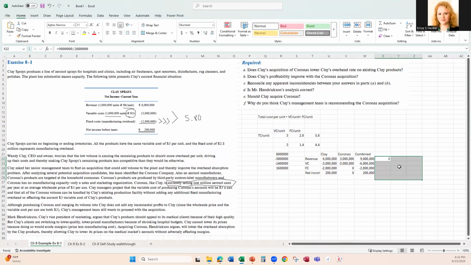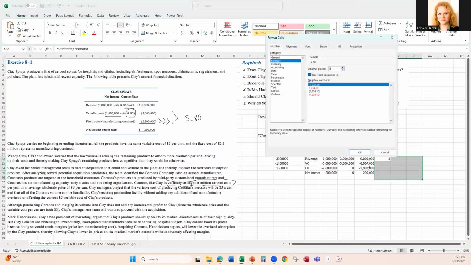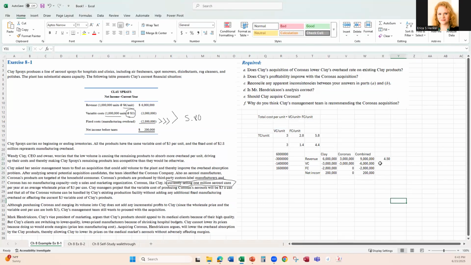Let me put in my format here with a couple decimal points. So the average price we're getting in the combined company is 450 per unit, because we're selling some of them at wholesale. And our variable cost is still going to be the 3 million.